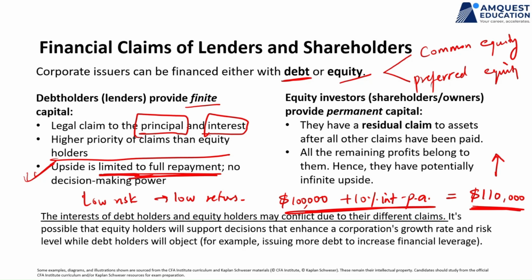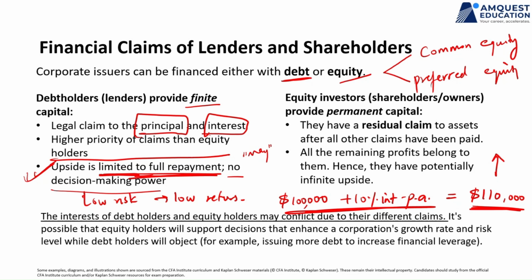So it's a low return, low risk strategy. And I think the debt holder understands it when investing in a business. Obviously, these guys may not get decision-making power, and I'm using the word may. In certain cases, debt holders may get board positions, and in that case, even they may get some decision-making power. But in most of the cases, they don't have decision-making power.